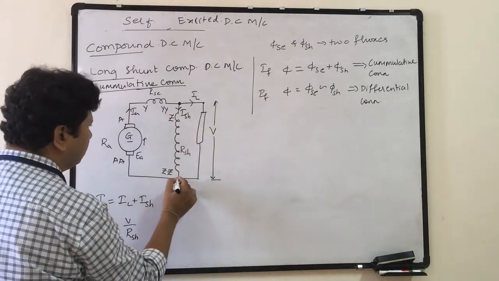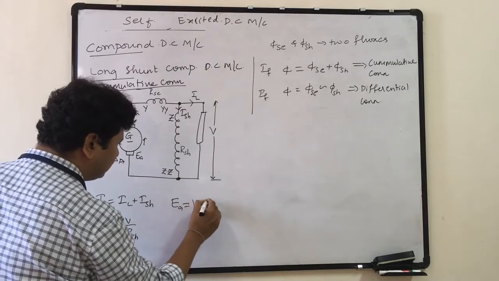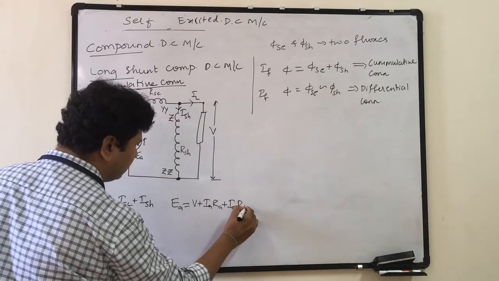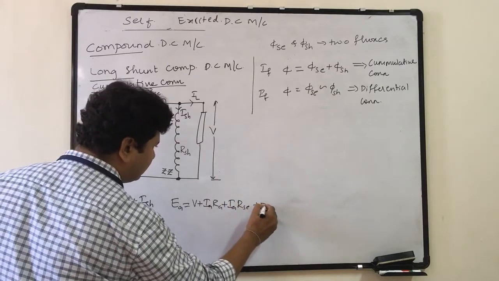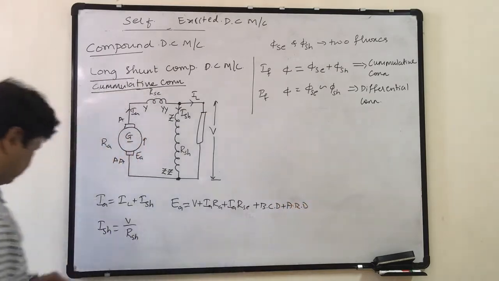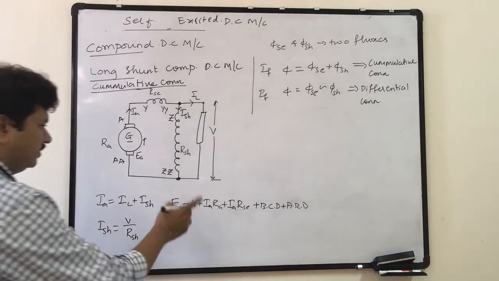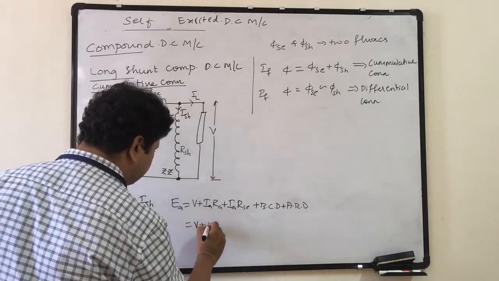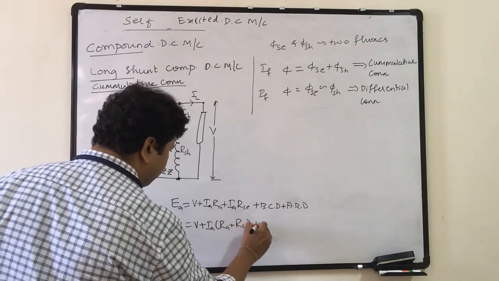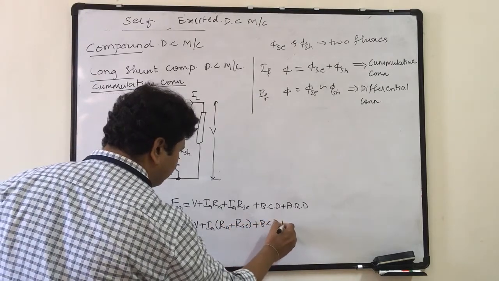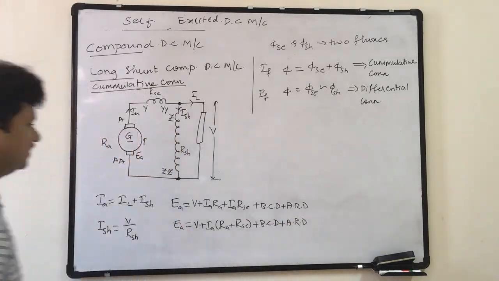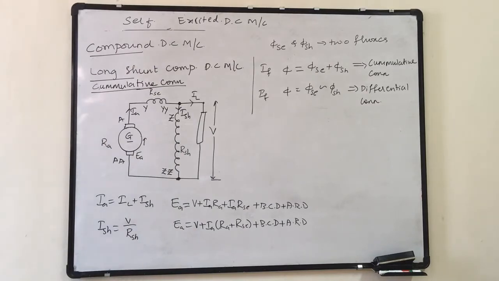It is V. So EA is V plus IA RA plus IA RSC plus brush contact drop plus armature reaction drop. Or I can write V plus IA into RA plus RSC, plus brush contact drop plus armature reaction drop. This is my EA.